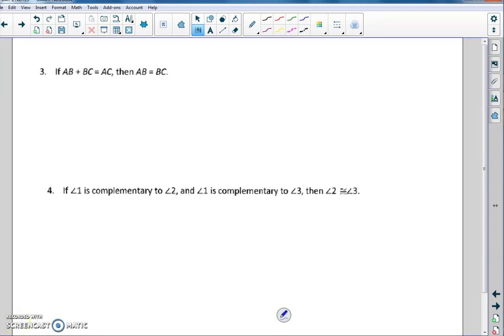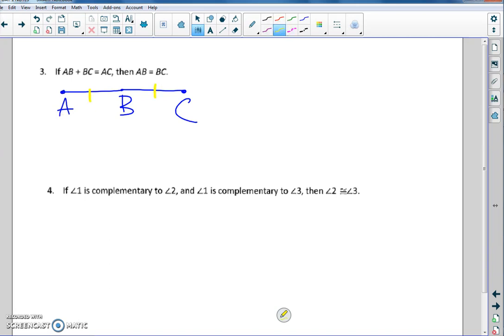So number 3, I have the statement, if AB plus BC equals AC, and what they're saying is this has to be congruent to that.